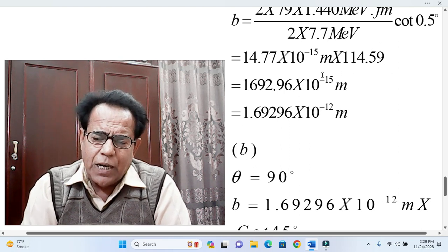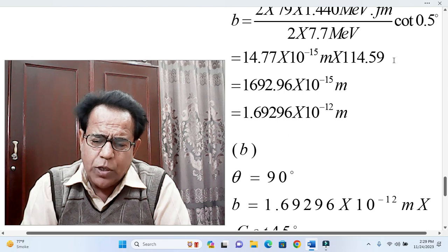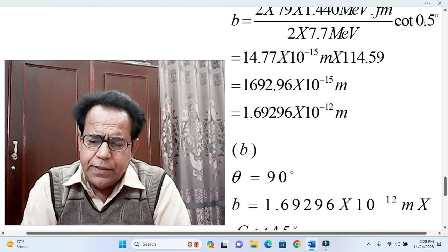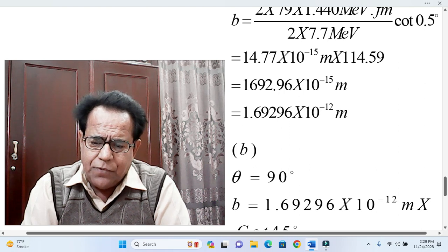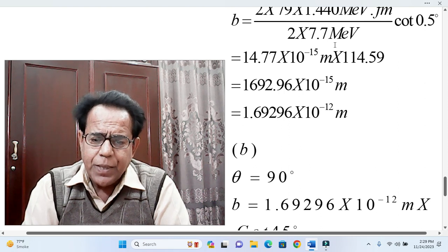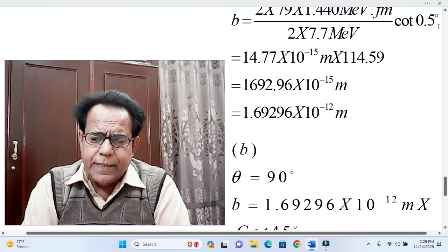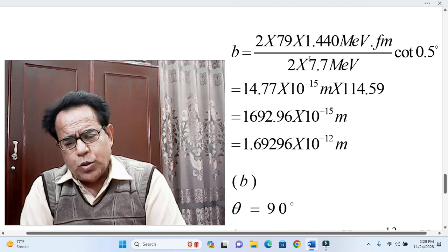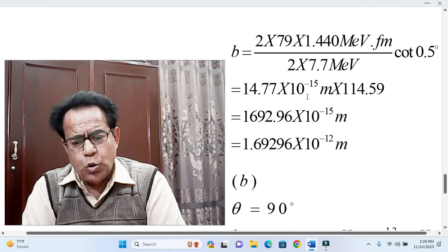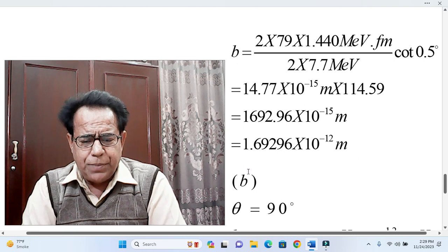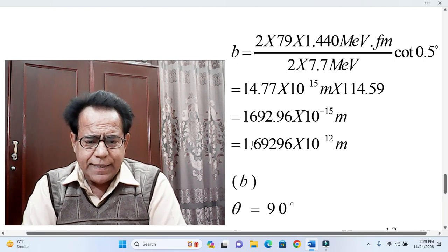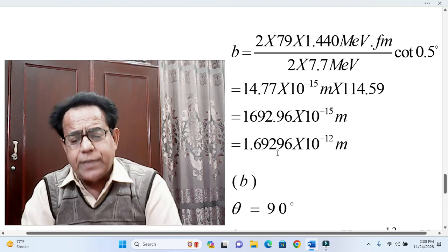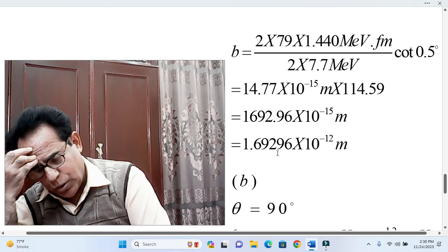The remaining part is quite a simplification of the above values. Quite simple. Our answer becomes b equal to 1.69296 into 10 raised to the power minus 12 meter.